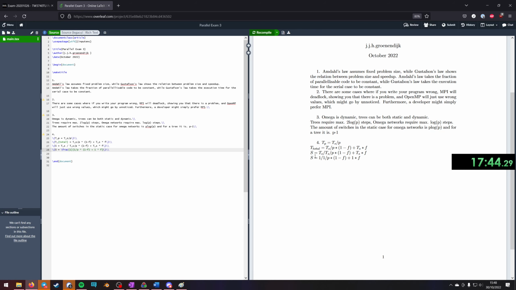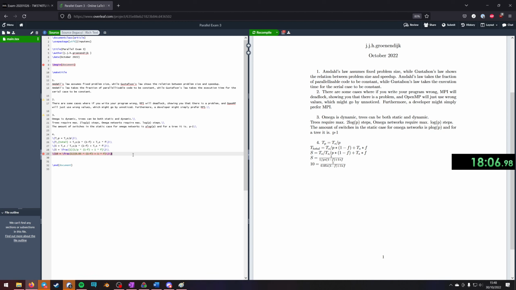So this is the speedup, and we know the speedup is 10 for 20 cores. So 10 equals 1 over the denominator, and 1 over 20 is 0.05.